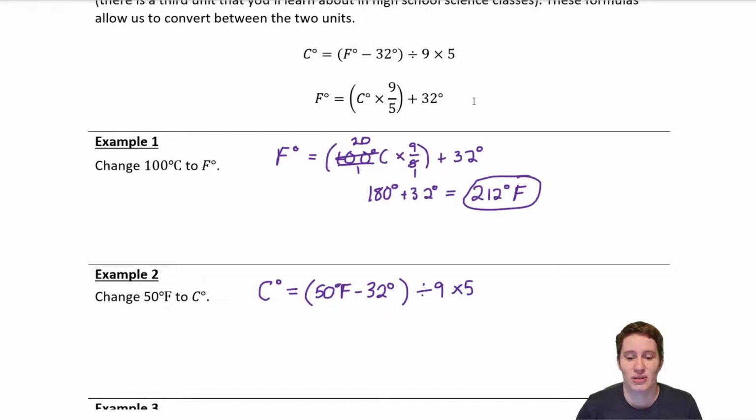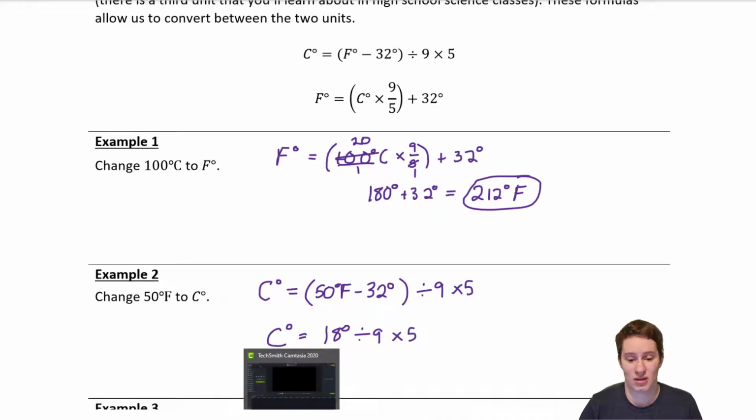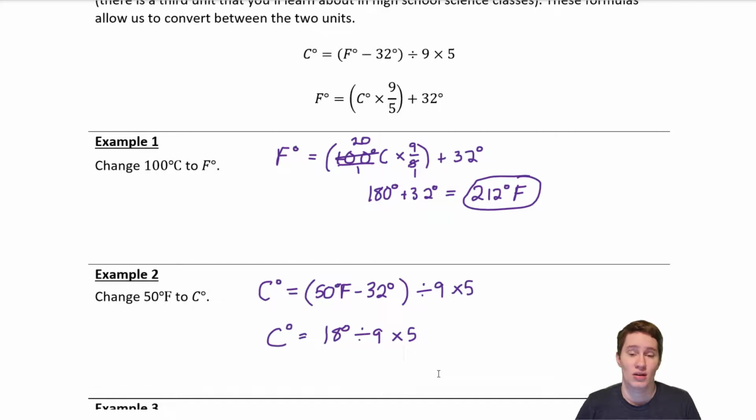So we're going to do 50 degrees minus 32, which is, I'm about to do that wrong, hang on, 18 degrees. And then we're going to take that 18 degrees and divide it by 9 and then times by 5. So when you're doing PEMDAS, you don't do multiplication before division.